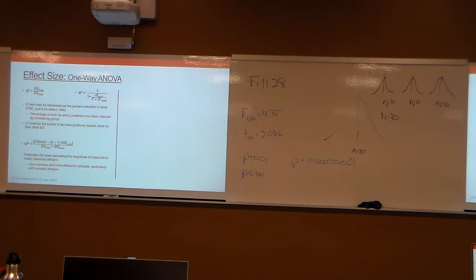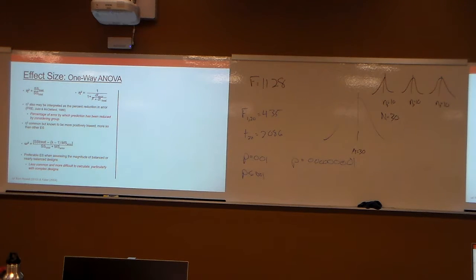And so what we can calculate instead is a correction for this we call omega squared, okay? Omega squared is a better test statistic because we think about omega squared as a population-based statistic. Eta squared is a nice descriptive statistic in that it tells us, in the data that I'm looking at right here, the proportion of total variability in my outcome that's shared with my grouping variable, okay?